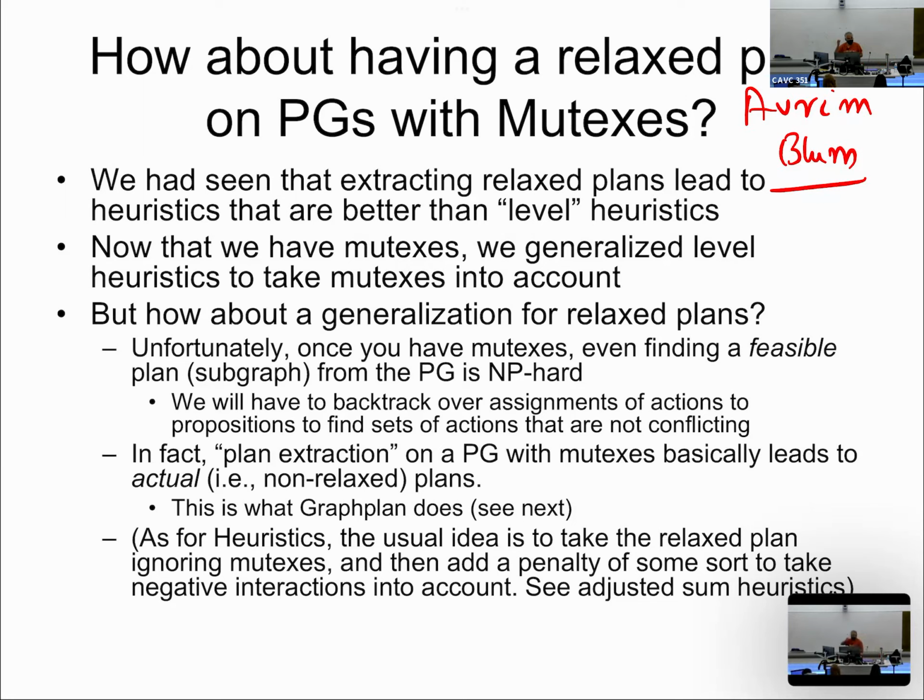That can be written as a satisfiability problem. Turns out you can write it as a whole bunch of satisfiability clauses, such that if you can find a satisfying assignment for all the propositions such that all the constraints are satisfied, then there will be a subgraph. It shouldn't be surprising because satisfiability is NP hard, NP complete. Finding the subgraph of a K-length graph, which is feasible, is also NP complete.